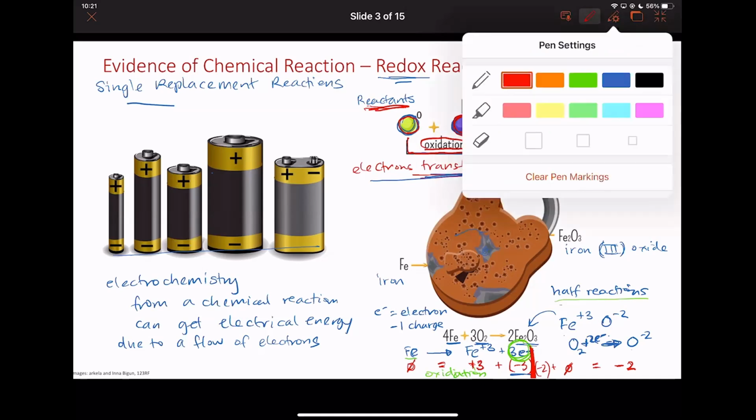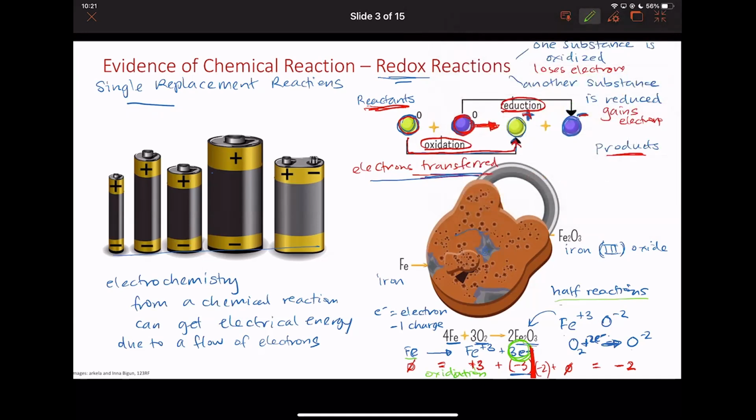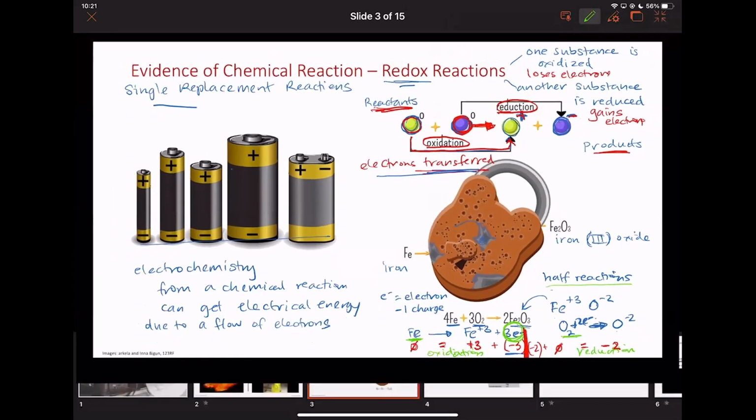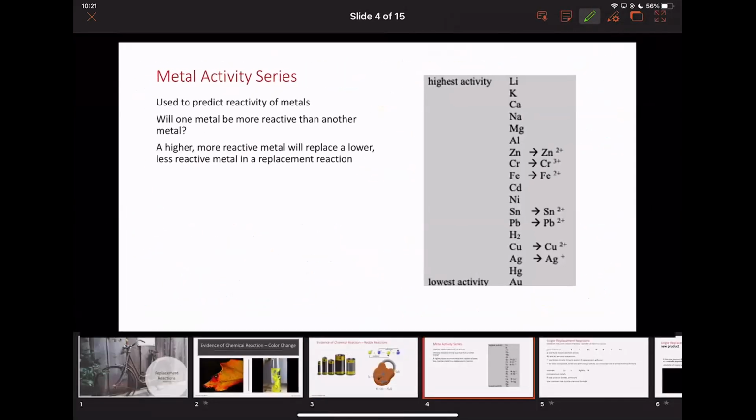Okay, and so this is your reduction half reaction. It follows the fate of one substance. This is O2 that is reduced, compared to the oxidation half reaction where Fe is oxidized. Okay, so that should feel like review, I got that.